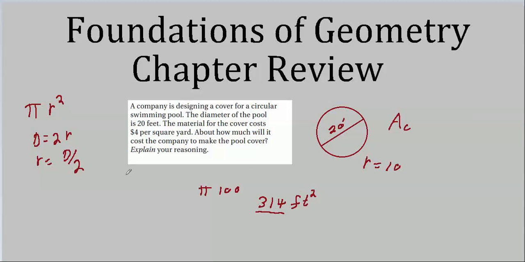How would you like to do it? Let's convert this to yards. We could do it both ways. What the heck? We're good at this. 314 square feet, divided by 9 square feet per square yard.